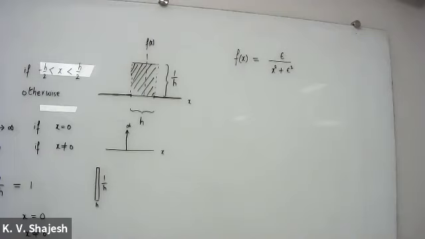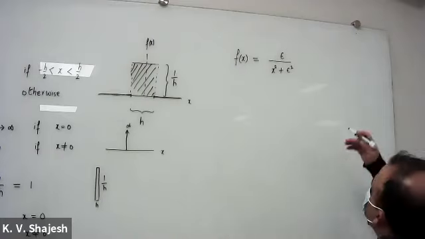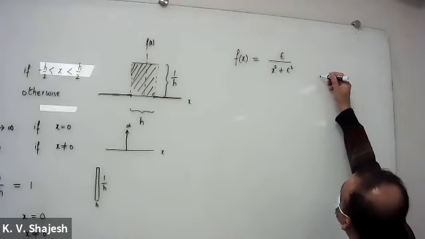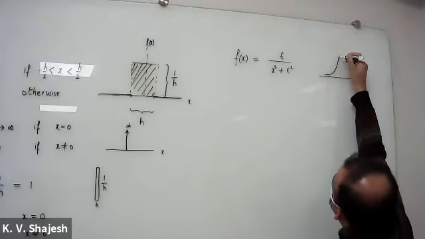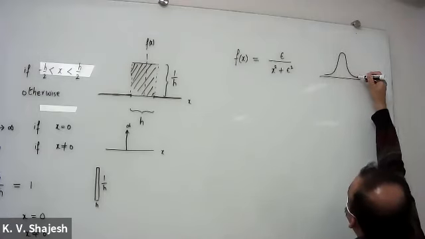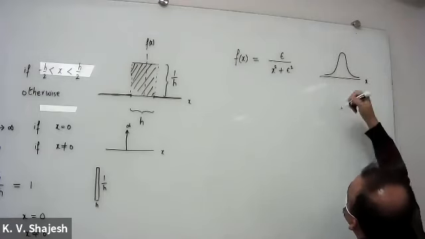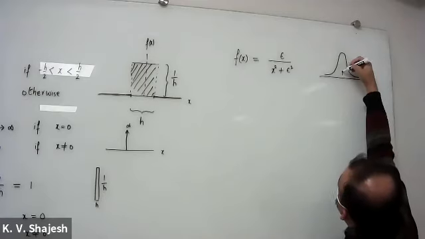This is a Lorentzian function. If you were to plot this for a constant epsilon, it will look like this, with x on the axis, and that's f of x.